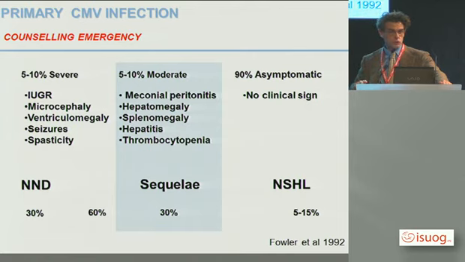neurosensory hearing loss. Neurosensory hearing loss does not mean deafness. You should ban deafness from your vocabulary when you discuss with pregnant women and CMV. Once you've said deafness, they will hardly believe you if you say it's a good prognosis. And they'd be right.